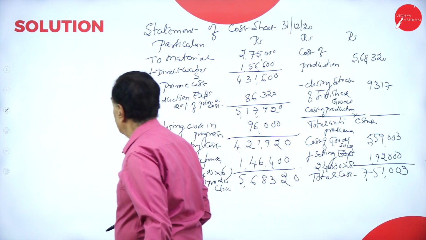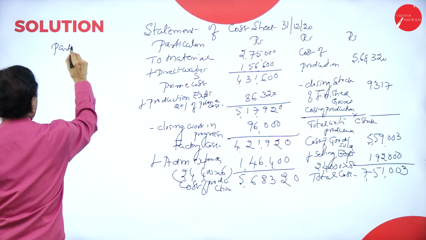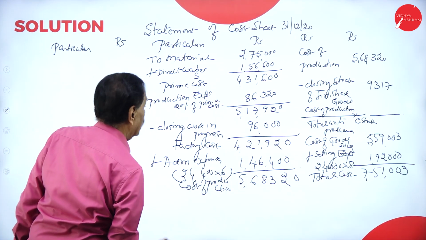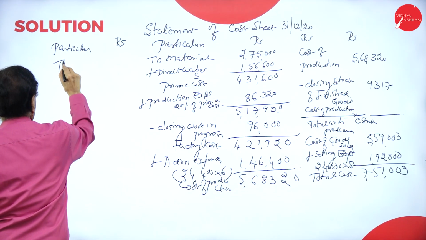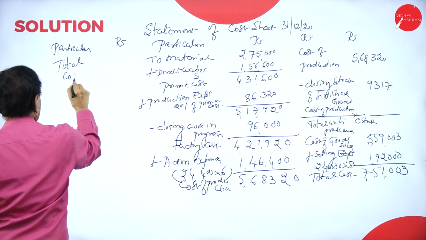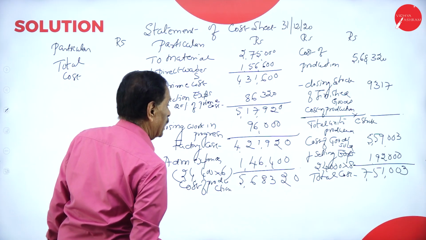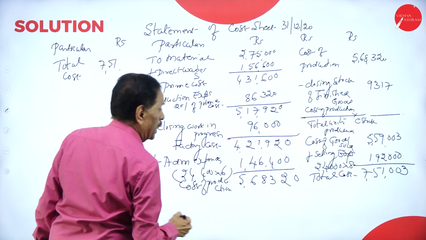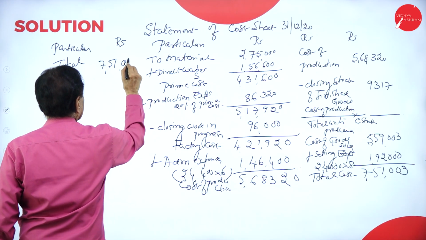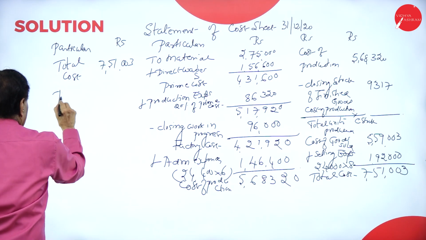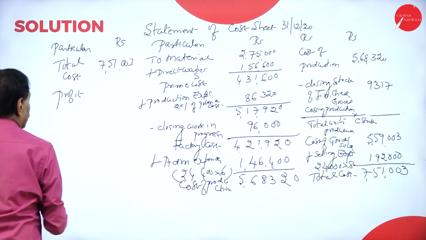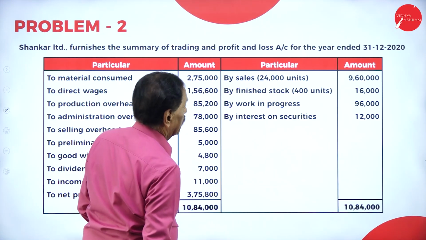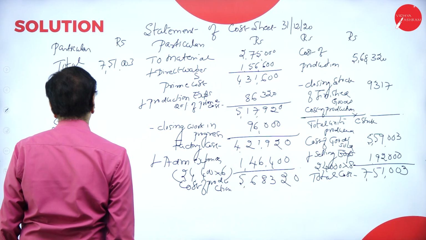From here, come back here. Particulars, rupees. What's your total cost? Your total cost is 7,51,003. Profit. Sales: your sales is 9,60,000.